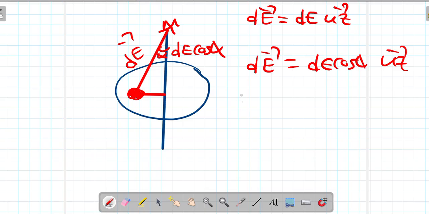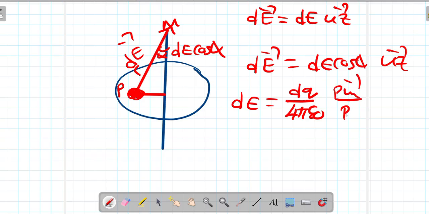So now your job is to find dE, which is the magnitude part. How do you define dE in general? Let's say the distance between this point P and M is R. We define the magnitude part, without even involving the unit vector, to be the charge dq over the constant, then usually the PM vector over the magnitude of PM to the power 3.